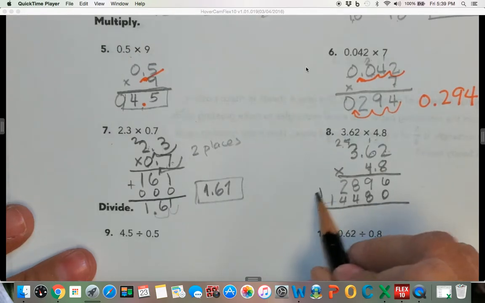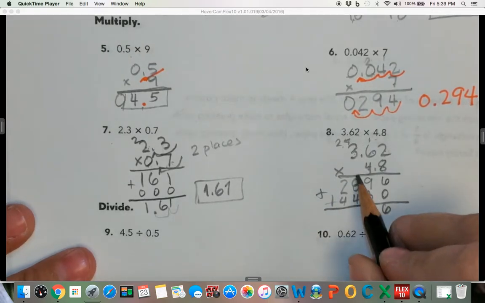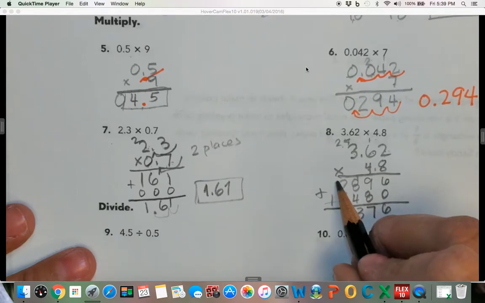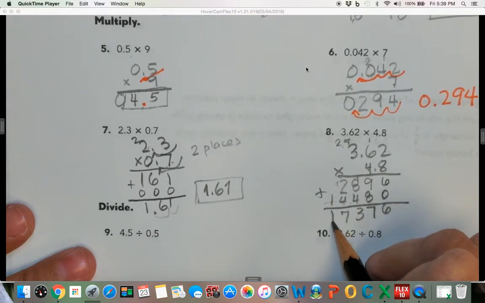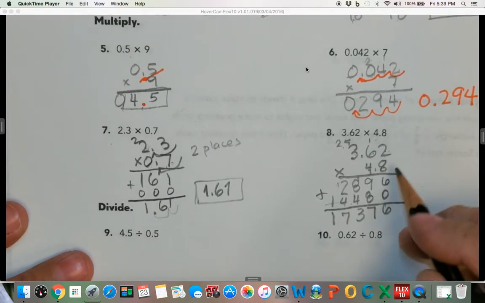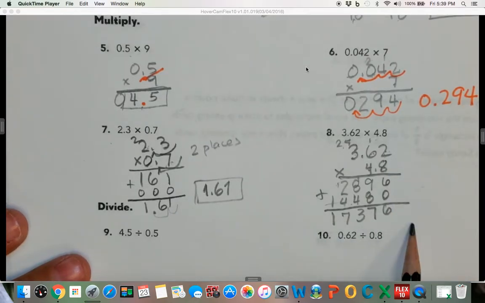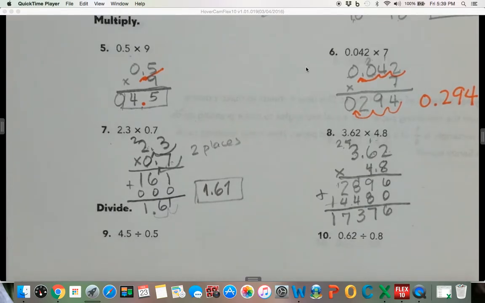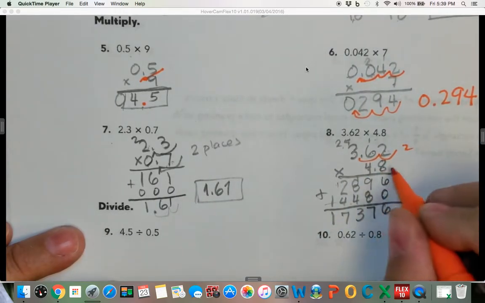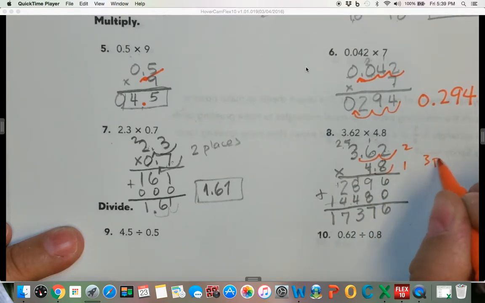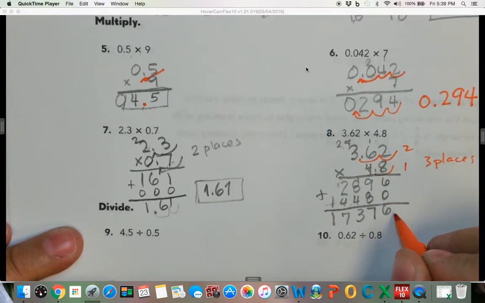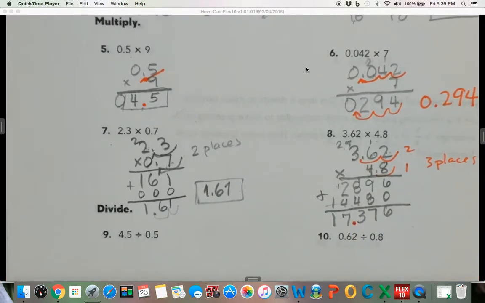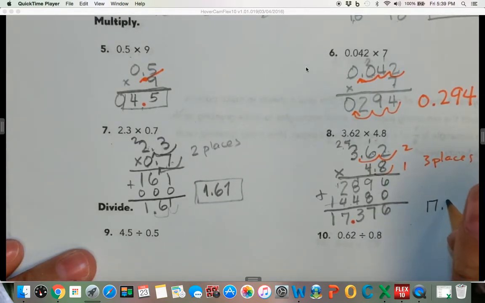Add them up. Now, here's my number. I have to think about my decimal places. 2 here, 1 here, 3 places in, start at the end, 1, 2, 3. My answer is 17 and 376 thousandths.